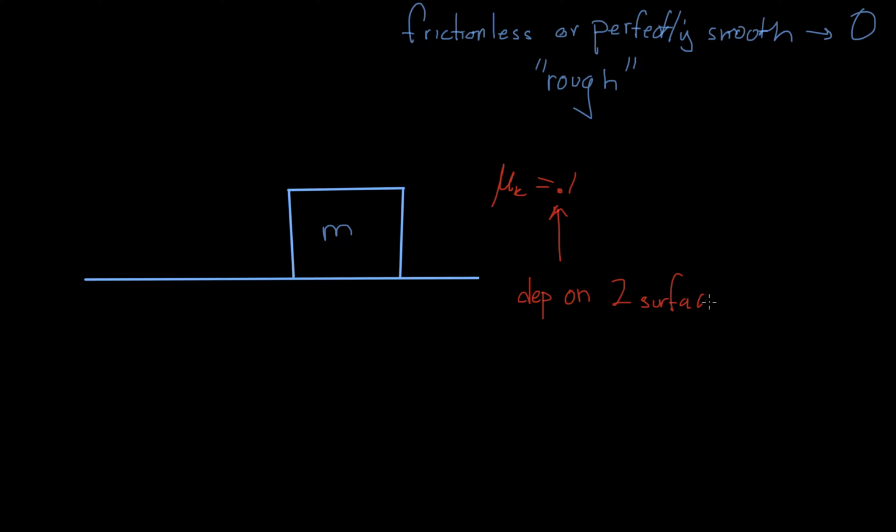And maybe if there's 3 surfaces or 4 surfaces, actually it can be 2 plus surfaces, right? Because if this mass contains multiple surfaces in it, maybe half of it is wood, and then the other half is maybe ice, then this will have its own specific coefficient of friction. But it is not dependent on mass.